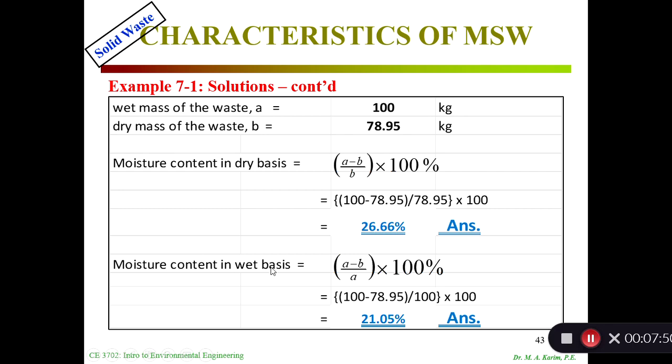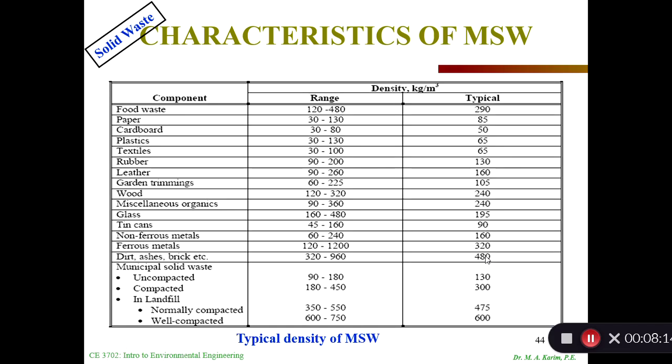The moisture content on the weight basis is 21.25%. The weight basis is always less because A is greater than B. As I said, in geotechnical engineering the dry basis is always used, and in environmental engineering sometimes we use it. We'll see when we solve some problems which one we are going to use and why.